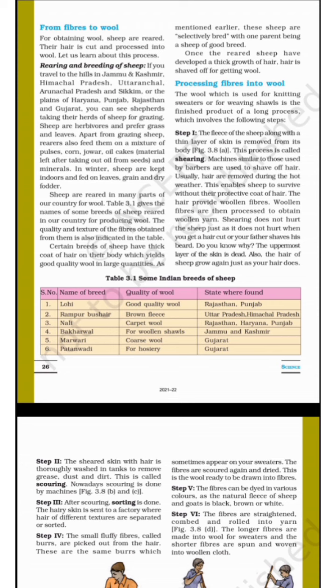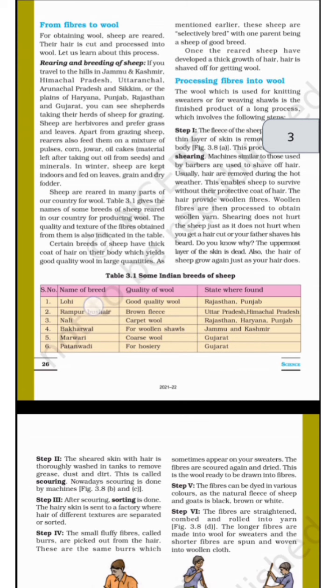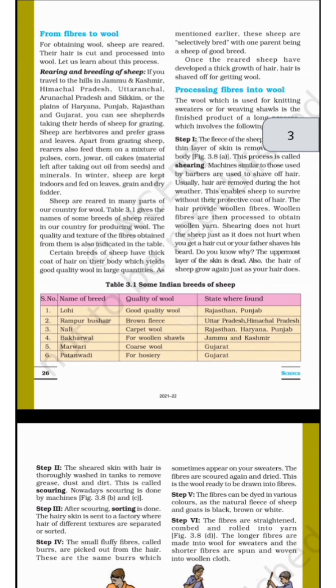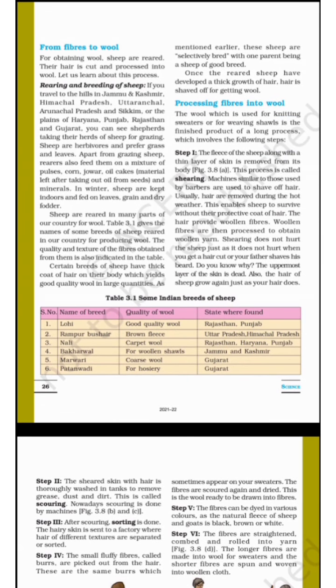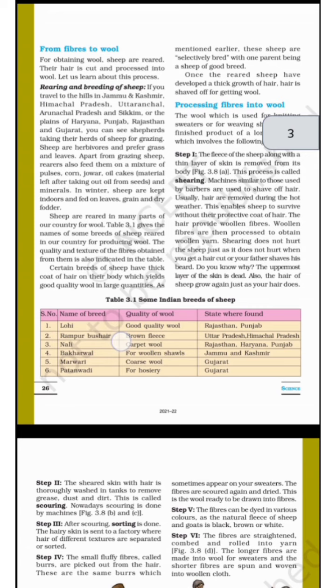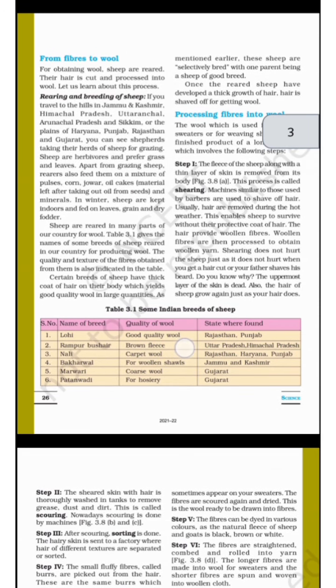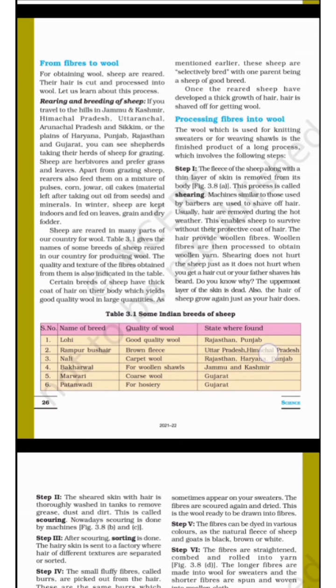These are the names of breeds. First, Lohi. The Lohi will give good quality wool. The Lohi sheep are mostly found in Rajasthan and Punjab. And Rampur Bushair. This breed will give brown fleece or brown hair, and we can find Rampur Bushair in Uttar Pradesh and Himachal Pradesh.